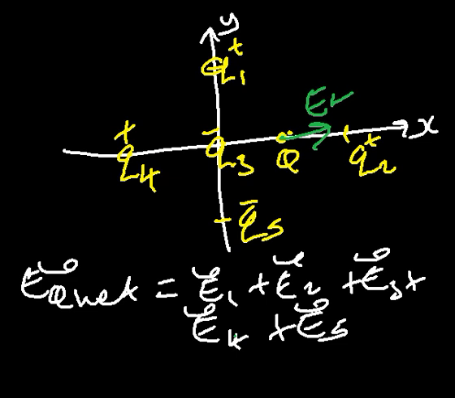Mind you, whenever we are looking at the direction, whatever we are resolving should be based from the point of interest. So you can see that E4 is on the horizontal axis towards the positive direction. You also resolve that one into the x component as well as the y component.